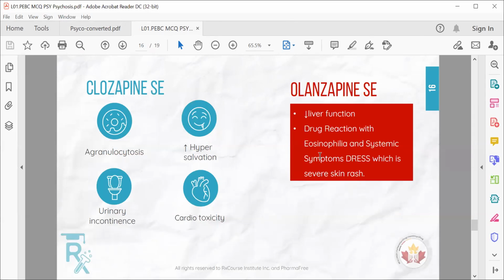And if the patient is on Olanzapine and he comes or calls you saying that I have a weird rash appearing on my body, the response is go to the ER right now or call 911. This DRESS reaction, the patient has to go to the emergency. It is characterized by a weird, abnormal rash appearing on the body.